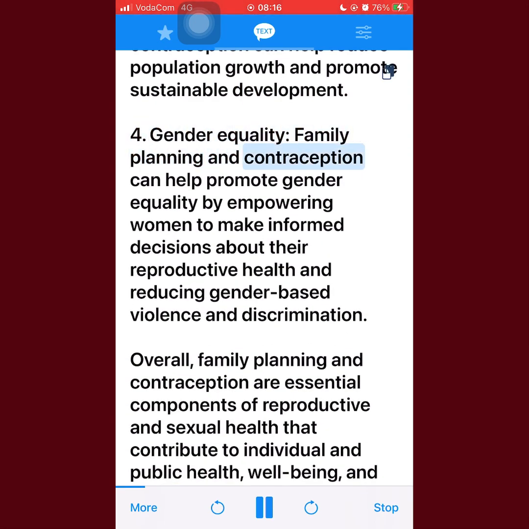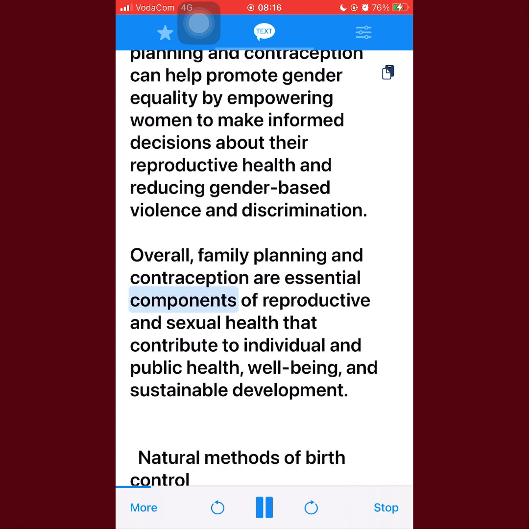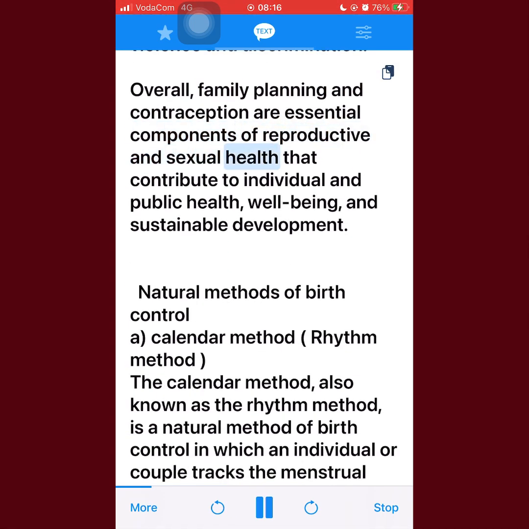Family planning and contraception can help promote gender equality by empowering women to make informed decisions about their reproductive health and reducing gender-based violence and discrimination. Overall, family planning and contraception are essential components of reproductive and sexual health that contribute to individual and public health, well-being, and sustainable development.